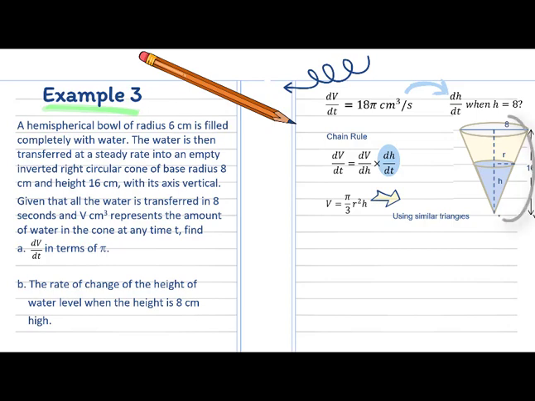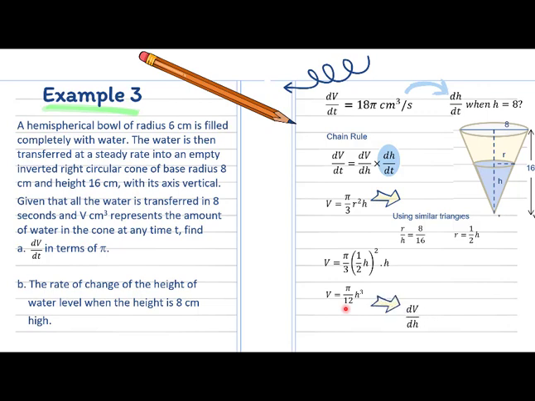Using similar triangles, we have the ratio of r to h, which is 8 over 16, or simplified, a half. The radius is always half of the height. Now we can write the volume in terms of h. Let's substitute r becomes half h, so we have pi over 12 h cubed.